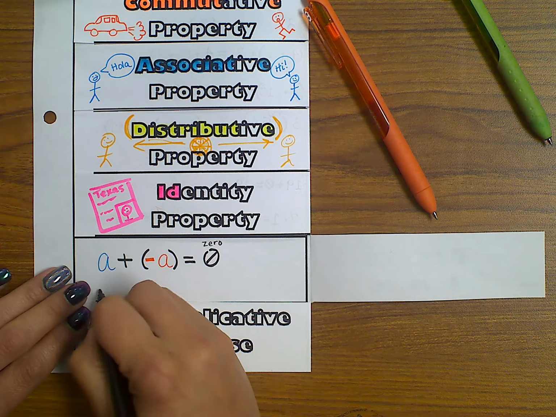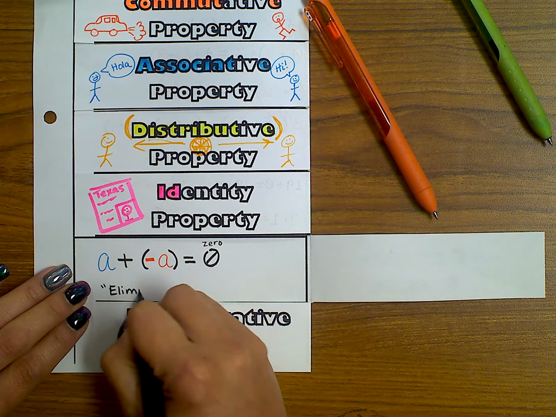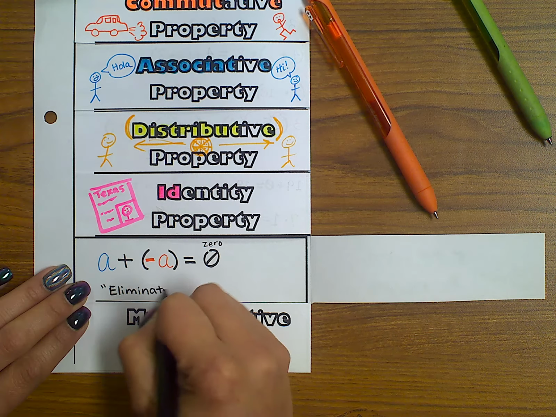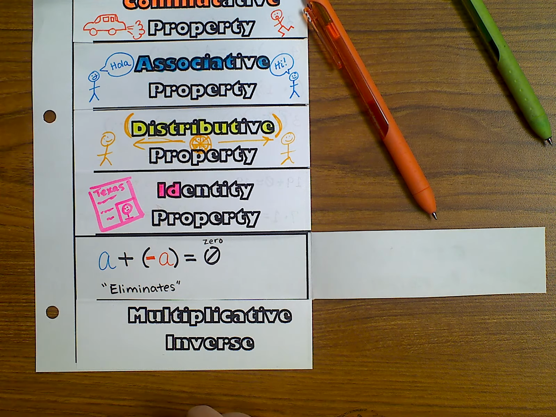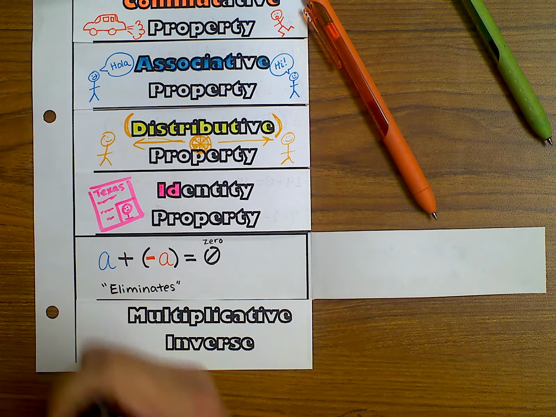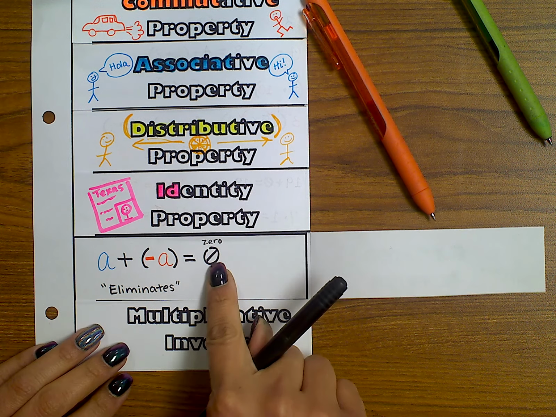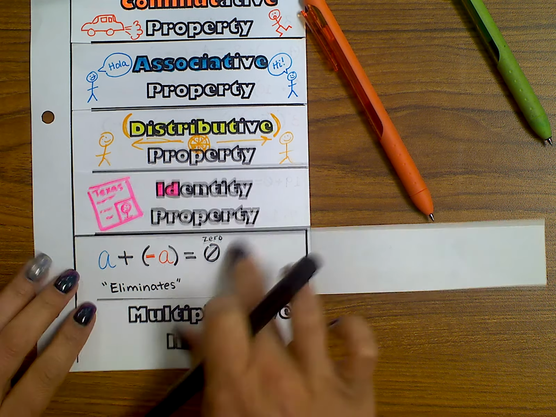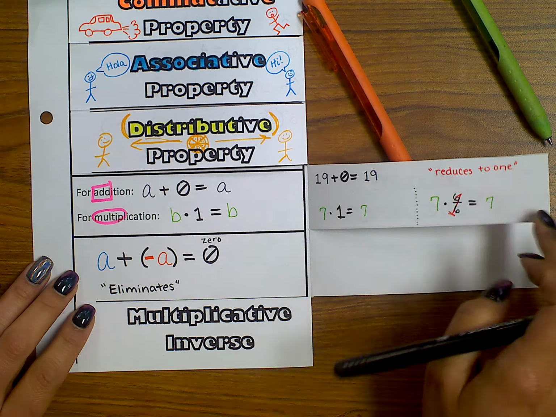So your key word here is, if you're new to my class, you're not allowed to say the C word. No, it does not cancel. It does not cross out. It eliminates. Okay, just like over here, that reduces to 1. It's not crossing out.